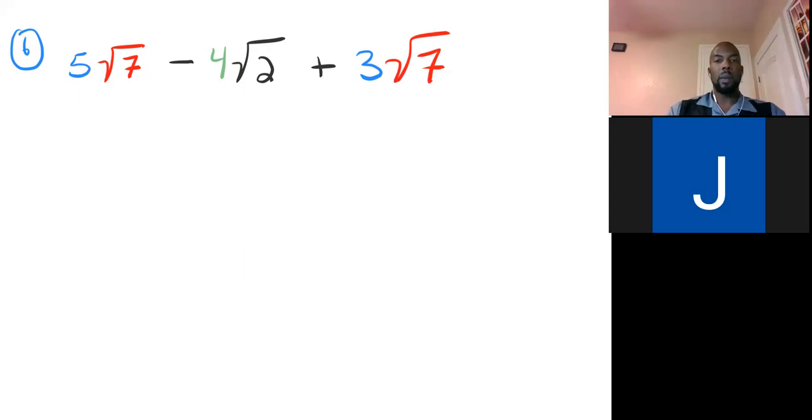Let's see if you remember how to do adding and subtracting of radicals. I'll give you 10 seconds.